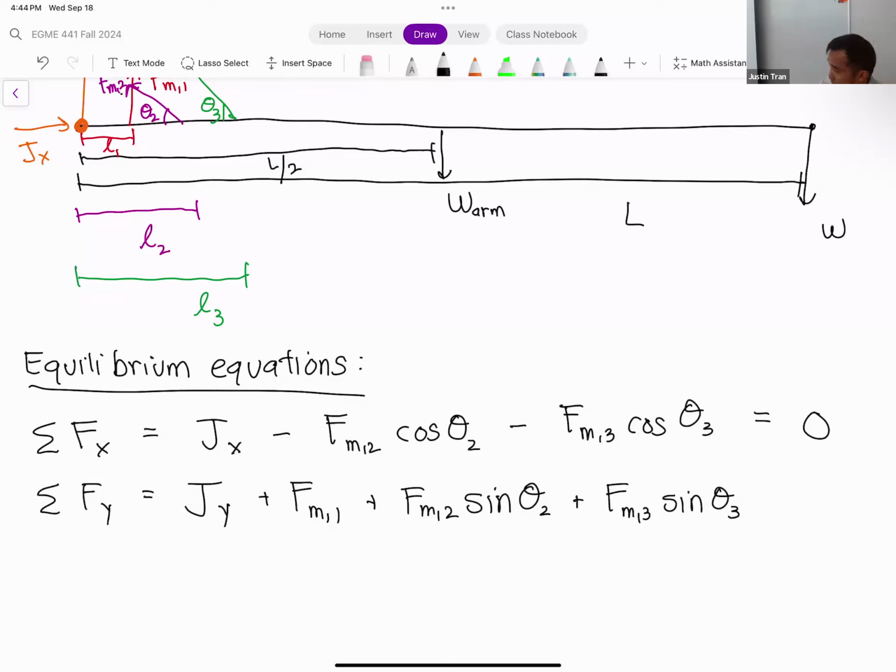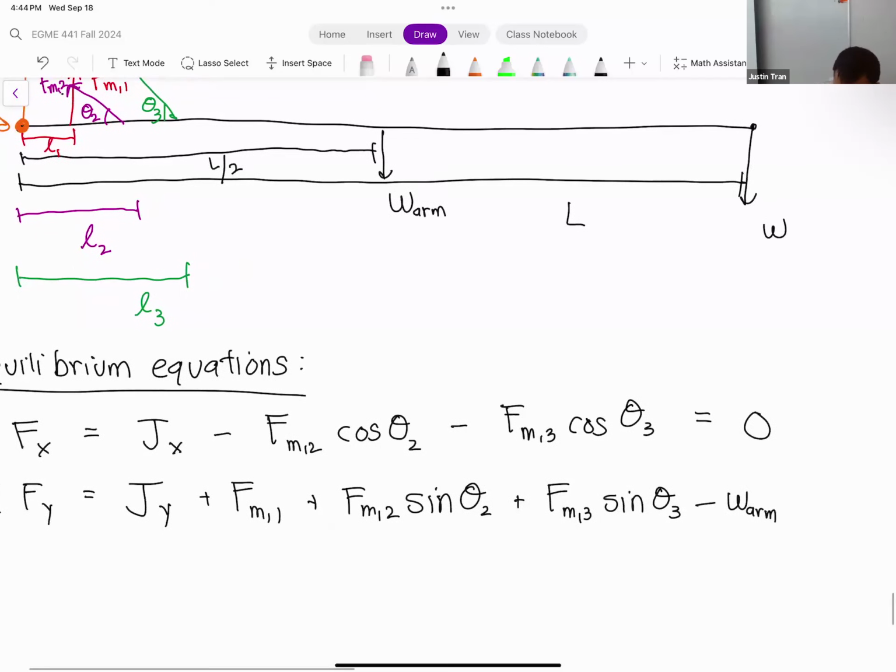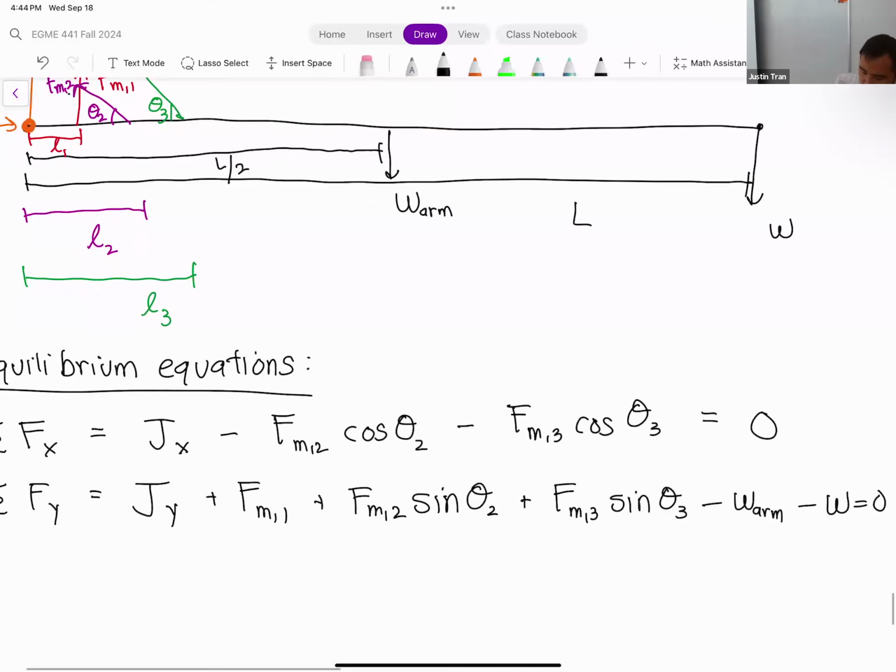Then we have the weights: the weight of the arm and the weight of the object, W. All of that is equal to 0. Our y summation here is quite a bit longer than before, just because we have more forces to account for.